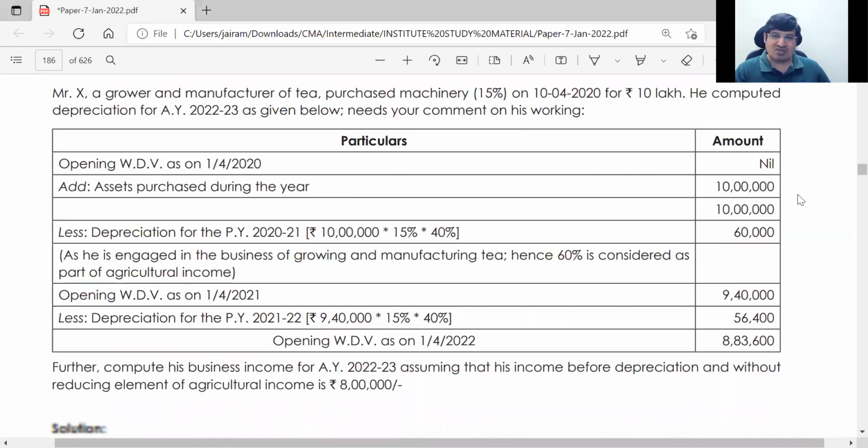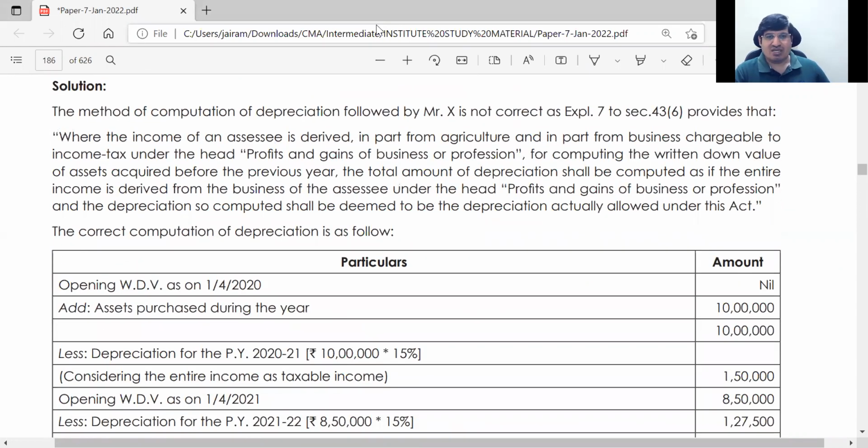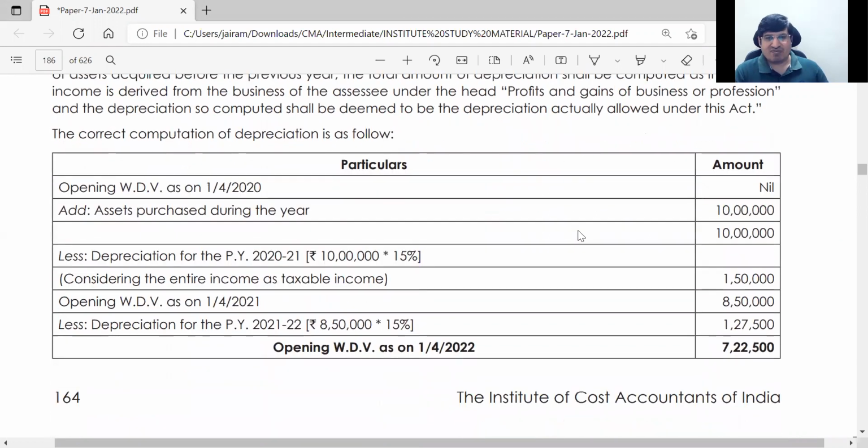This is what is given to us. So what do you actually have to do here? You need to read the whole thing. Till here it is the same. At the end of the first year, whatever we have got till 10 lakh, there is no change. In providing depreciation, don't take 40%. Take the full depreciation, because the explanation is provided like that. When the method is expressly provided, you have to follow it.